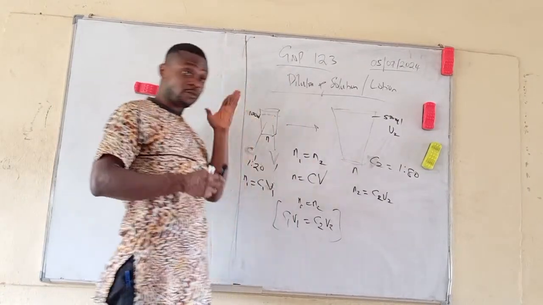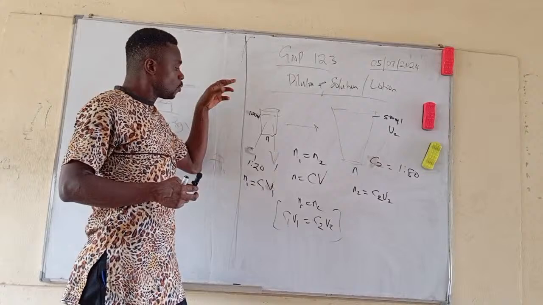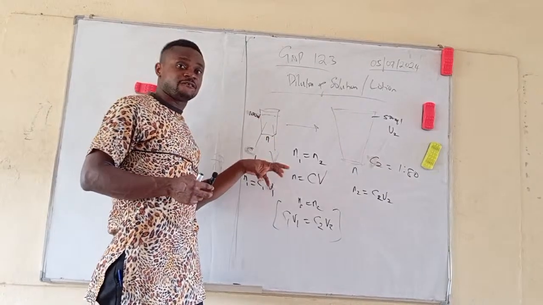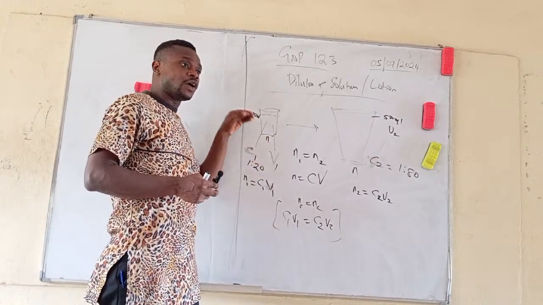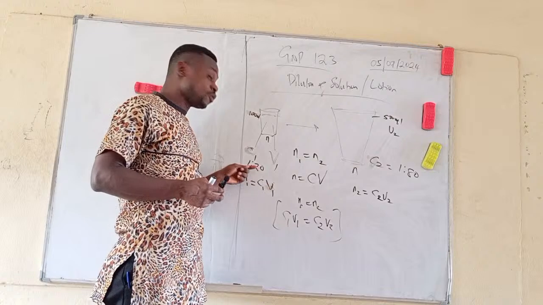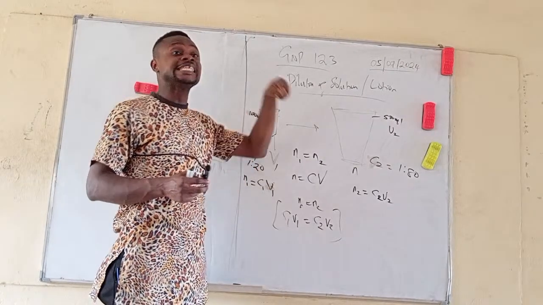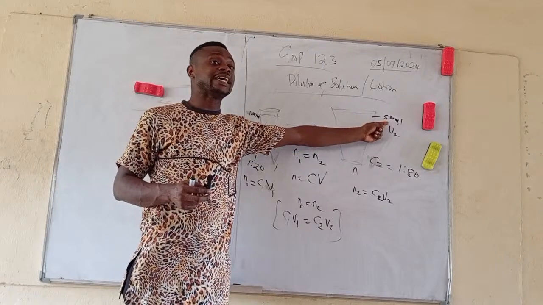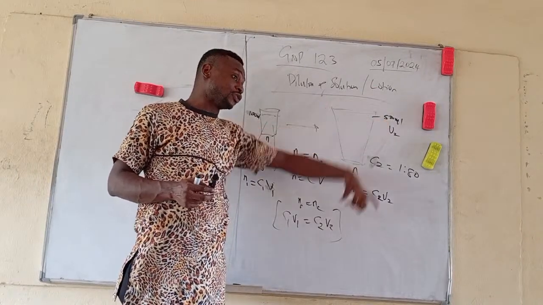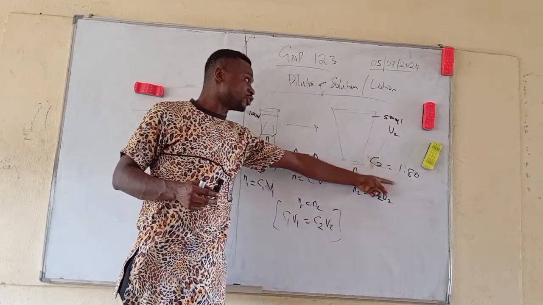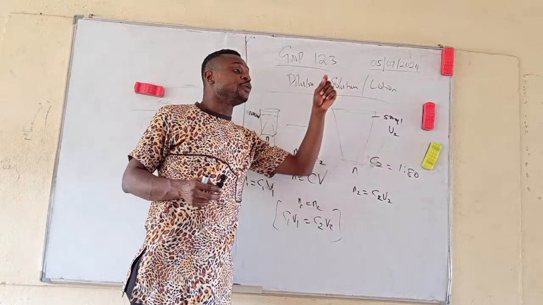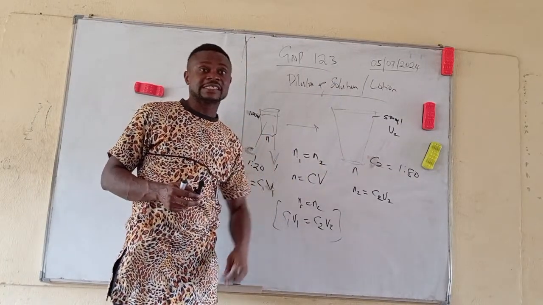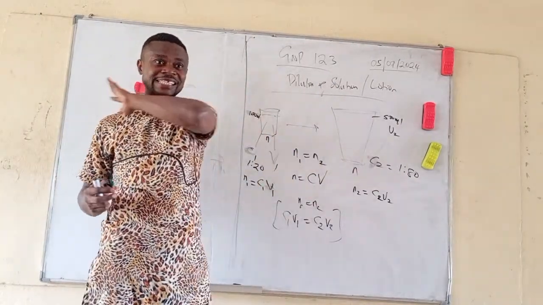You will be asked as a question, what volume of Lysol solution having concentration 1 is to 20 will be needed to prepare 500 ml of Lysol solution with concentration 1 is to 80 to be used as disinfectant?